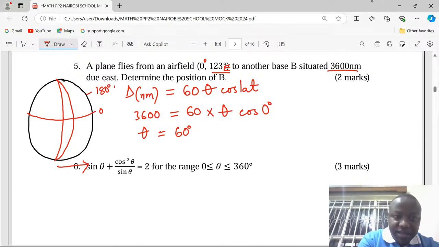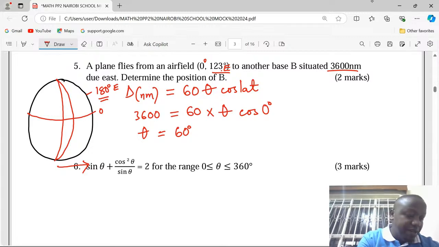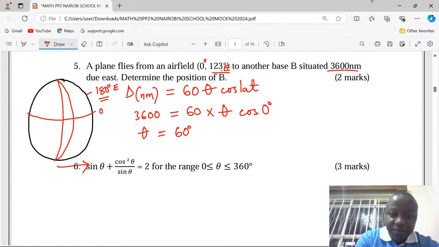If we add 60 degrees, then we shall move until we find 180 in the east. This is the last longitude, but after reaching 180, we will have only added 57 to the angle that we have. So when we add 57 to 123, we arrive at the last longitude, 180 degrees east. But there will be 3 degrees remaining.